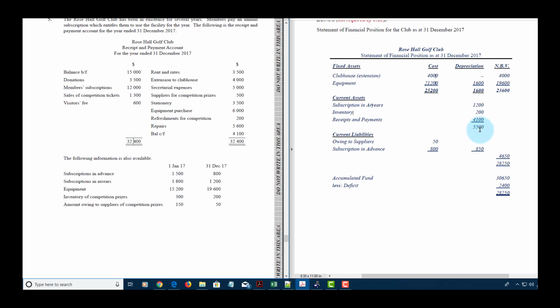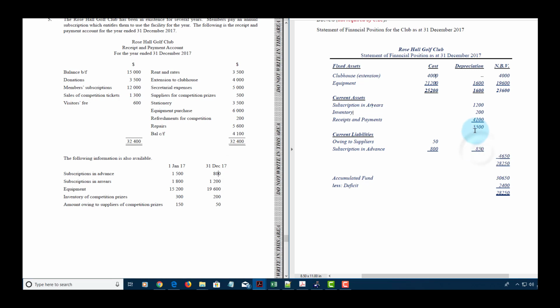That gives us a total of 5,500 for current assets, and our current liabilities: $50 owing to suppliers of competition prizes at the end of the year, and $800 subscription received in advance. That gives us a total of $850.